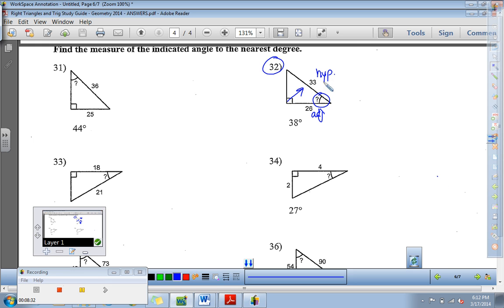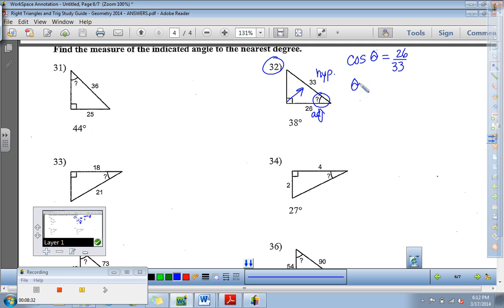So adjacent hypotenuse, that's cosine. So we can say the cosine, this is the angle. We often use theta. The cosine of theta, or angle, or x degrees, whatever you want to put, is equal to adjacent, which is 26, over 33, which is hypotenuse. Okay, when you're trying to find the angle, you use the inverse of cosine.